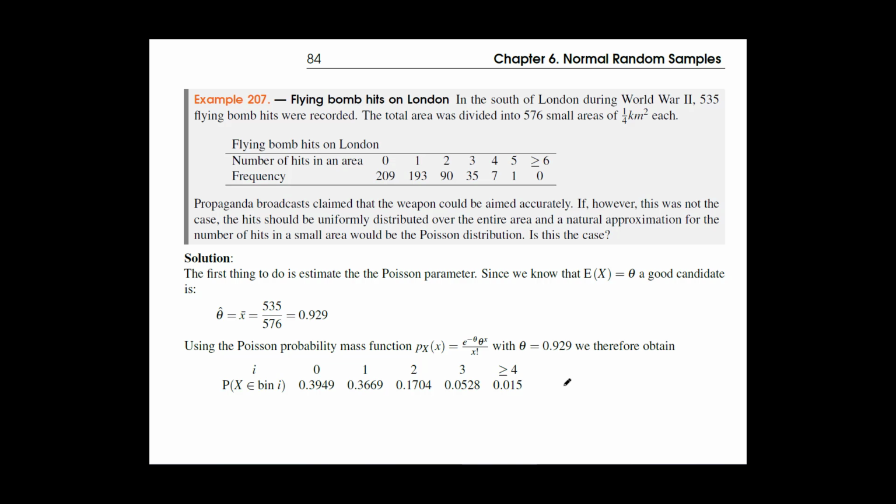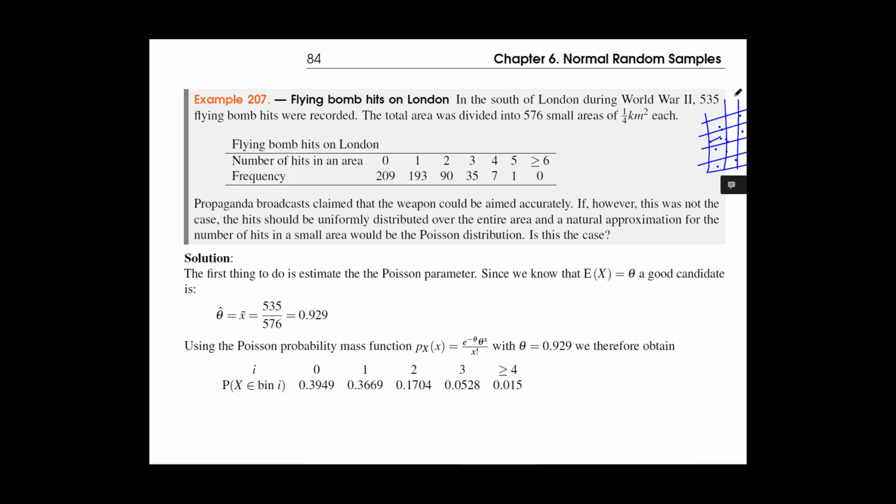Okay, so this is a histogram. You have the bins right here: 0, 1, 2, 3, and more than 6. And you have the number in each. These are the number of bombs that fell in small areas. You have a city, they divided it up like a chessboard, the bombs fell, and then they counted how many fell in each square.